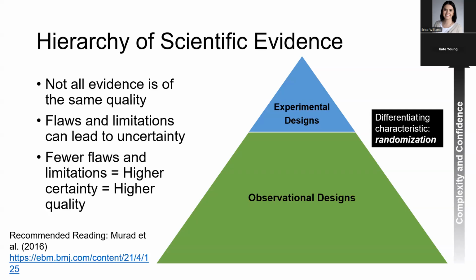Experimental studies give us a higher degree of confidence in our conclusion, but they also come at a cost. This cost is the added complexity of an experimental study. They generally require higher numbers of patients, higher costs, longer durations, more planning, and also more ethical considerations.